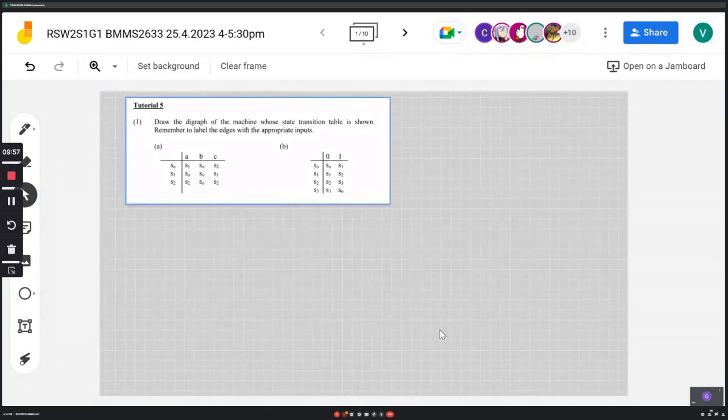So for the first question, Abdullah, you do part A. Draw the diagram only from the table given.